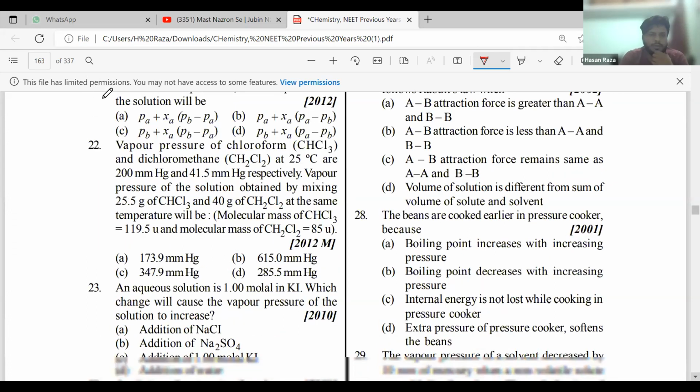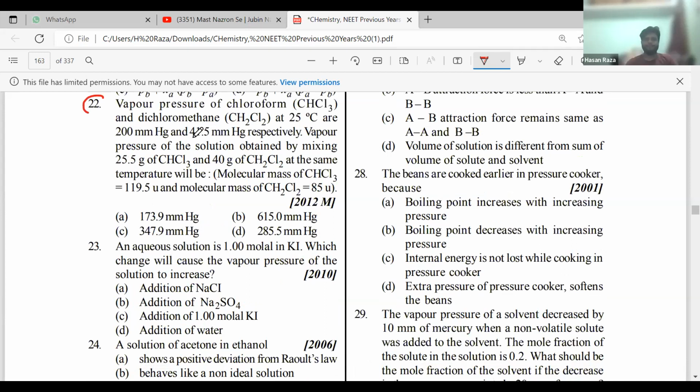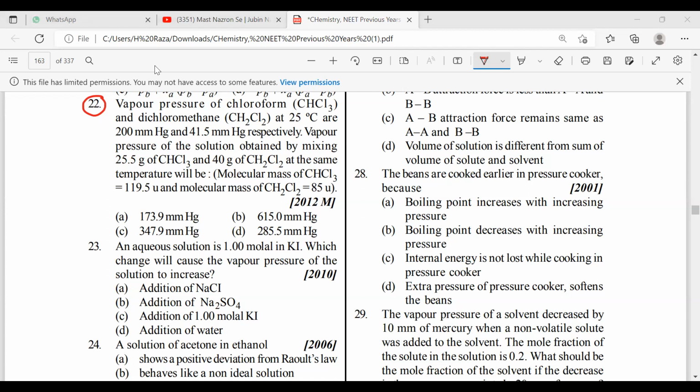Can you solve this question number 22? Please do this practice, then we will move to colligative properties, a new topic for today.